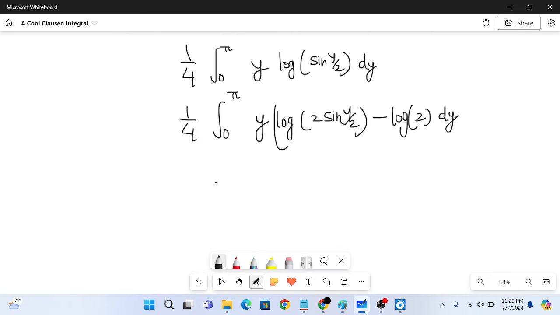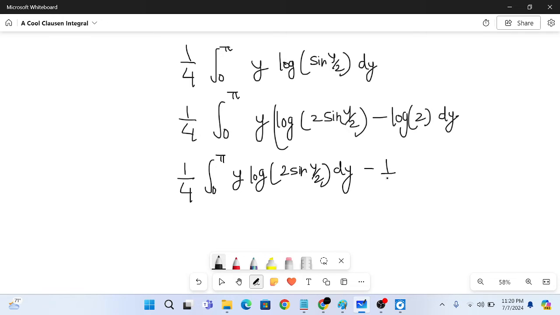So 1 by 4 integral from 0 to pi of y log of 2 sine y by 2 dy, and then minus 1 by 4 integral from 0 to pi of y log of 2 dy. Good.